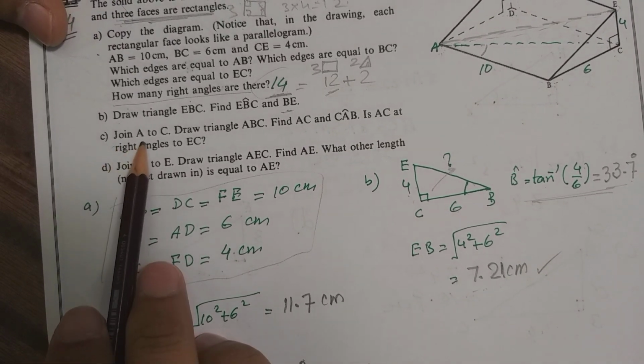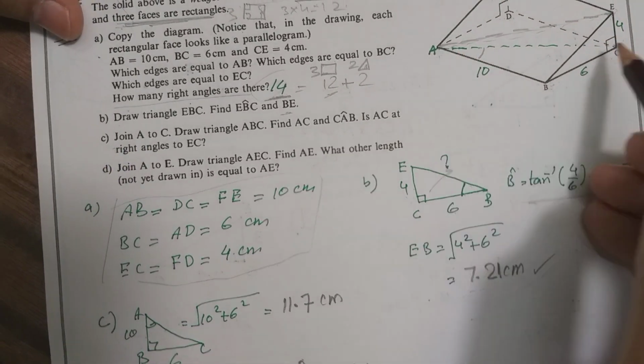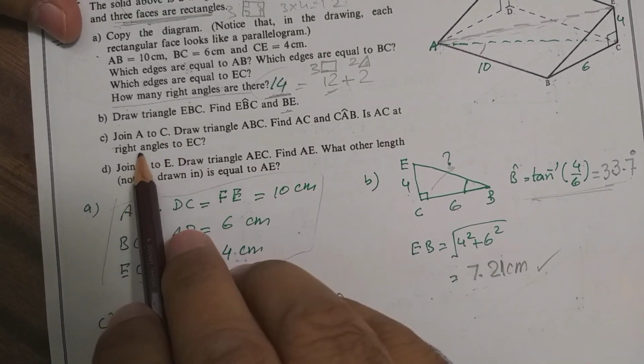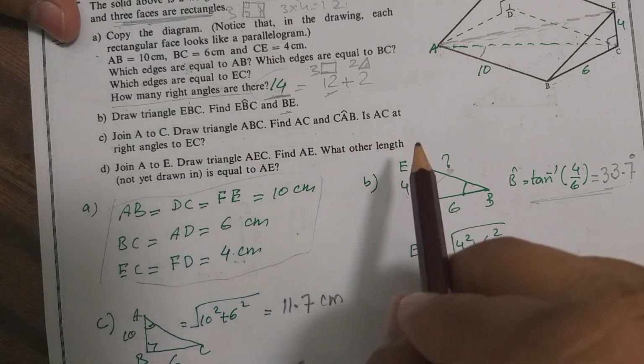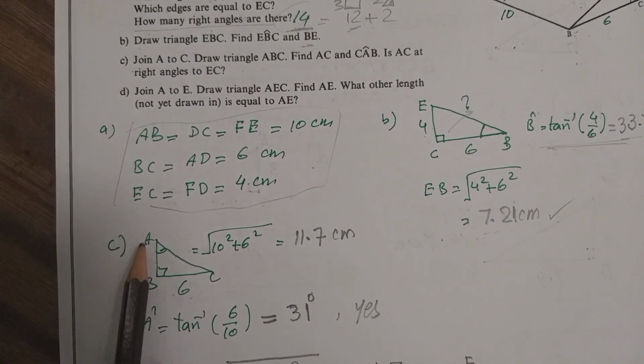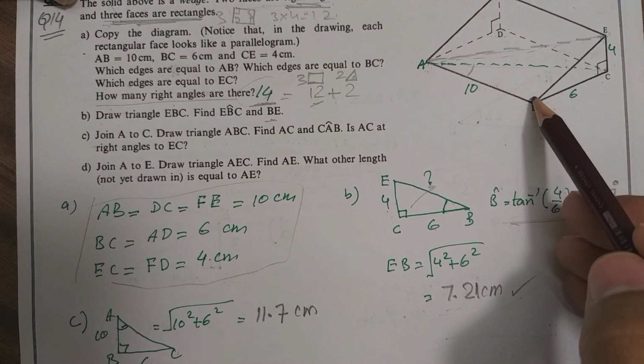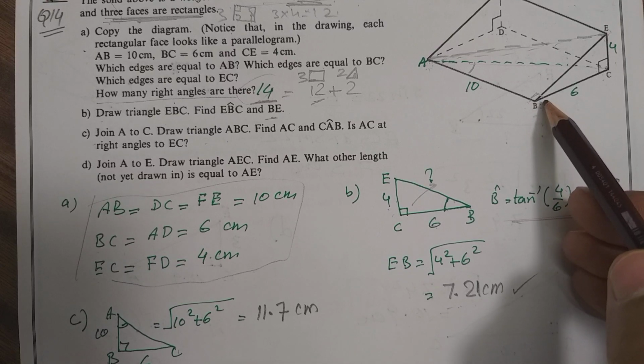Then join A to C. So we join A to C here. After that, draw the triangle ABC. This is the triangle ABC, because B is a right angle. This is the right angle again, because it's in the corner of the rectangle.